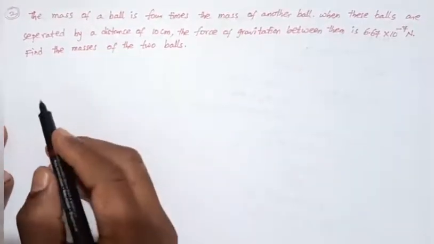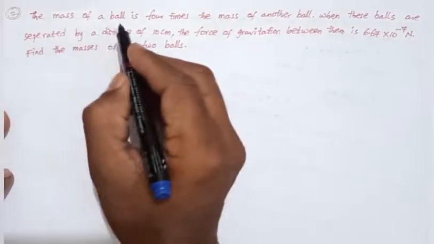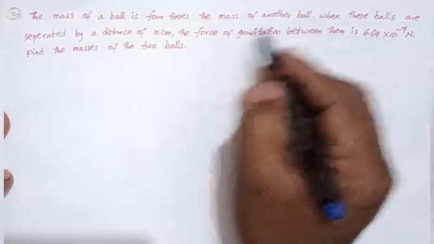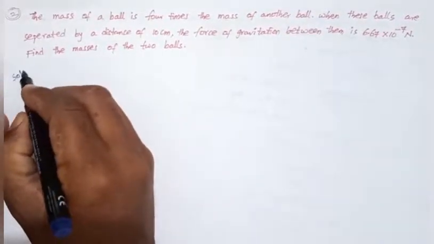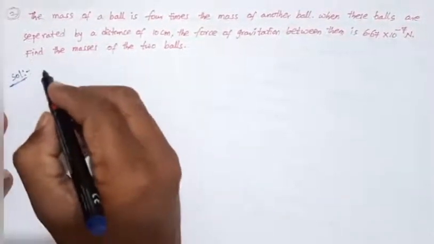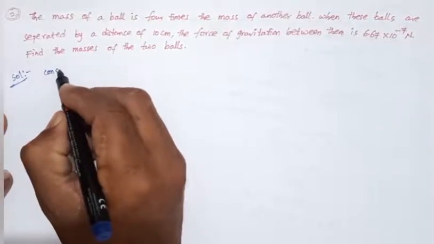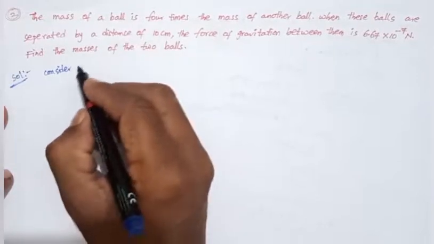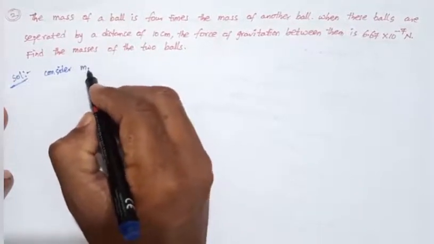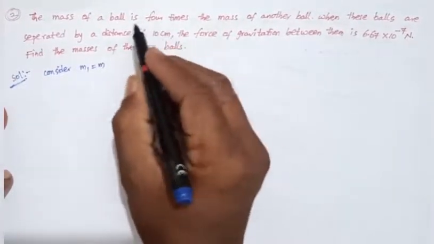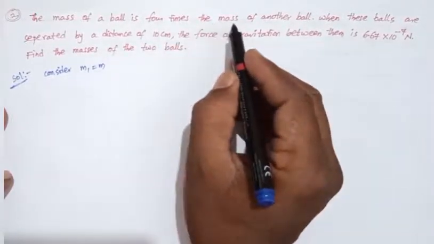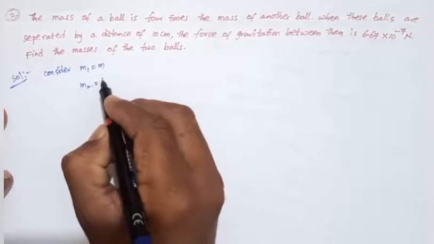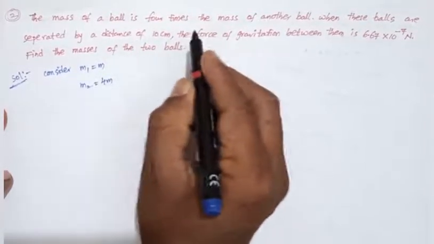Okay, second problem. The mass of a ball is 4 times the mass of another ball. Solution: consider the mass of the ball m1 equals m, and m2 equals 4 times the first ball.